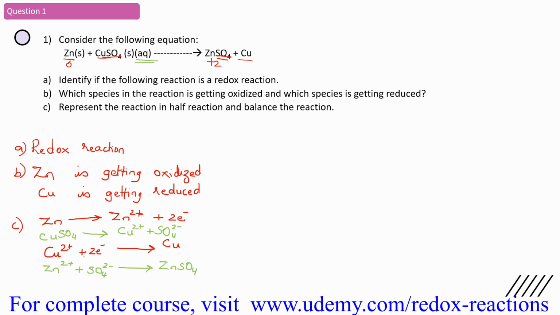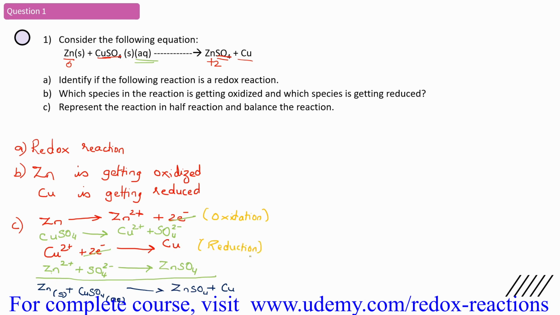So these 2 electrons would get cancelled, and the final reaction would be zinc, in the solid state, plus copper sulfate, in the aqueous condition, giving rise to zinc sulfate plus copper. This one would be an oxidation reaction and this would be a reduction reaction.